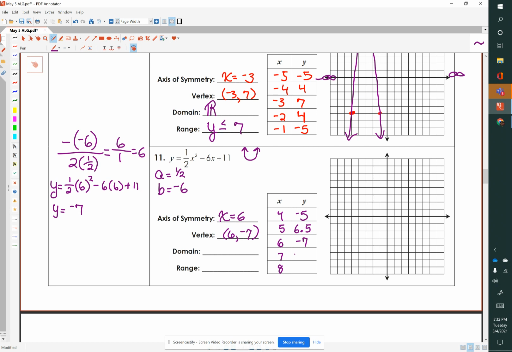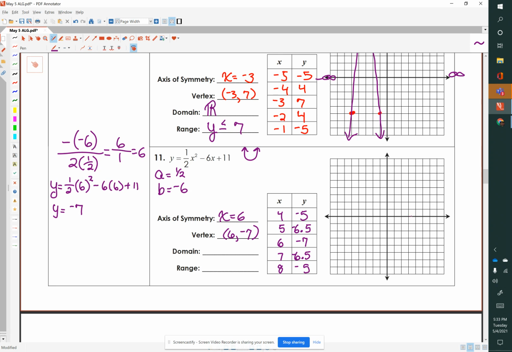When we evaluate at 7, the y value is negative 6.5. These are all negative. And at 8, the y value is negative 5. So you can see that parabolic pattern coming out. So we have negative 5, negative 6.5, negative 7, negative 6.5, back up to negative 5.